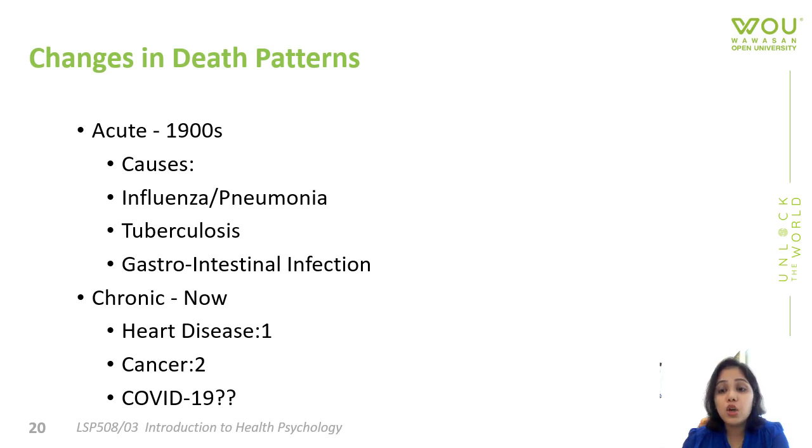These were the main causes of mortality in the 1800s. But at present, it has moved more into a pattern of chronic illnesses, heart disease being the main cause of death or mortality around the world, cancer being the second. Now, how about COVID-19, being the very recent illness that affected the majority of the population?